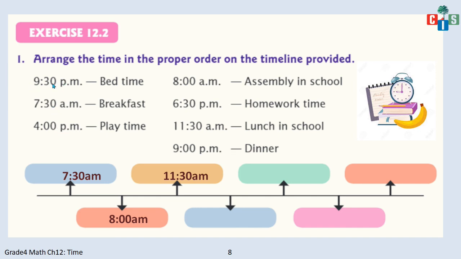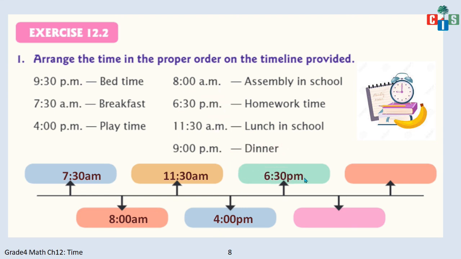So in PM we have 9:30. Let me see, before 9:30 it's 4. Okay, so we'll consider 4. And here we have homework time as 6:30, dinner as 9. So after 11:30 AM it will be 4 PM. Yes, that will be the play time. Then after playing he will have the homework time. That is after 4, 6:30 will come first.